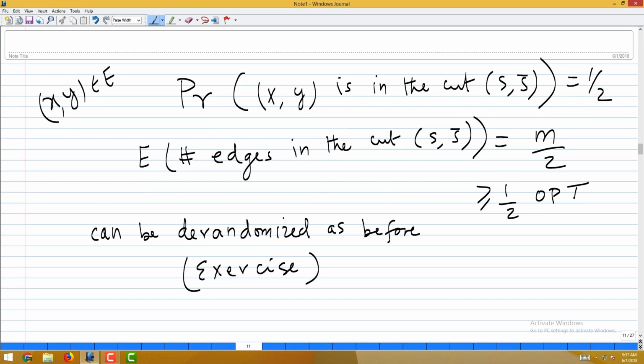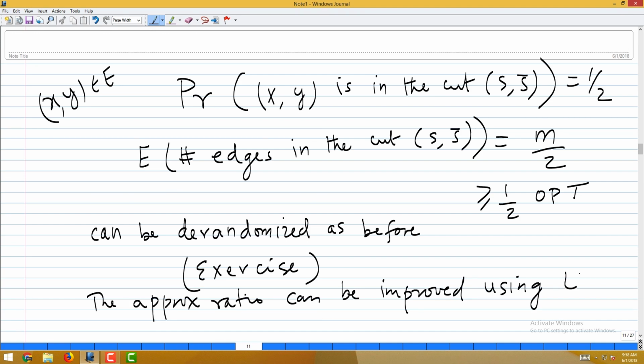Okay, so here are a couple of maximization problems, max SAT and max cut. Here also the ratio can be improved using linear programming techniques.